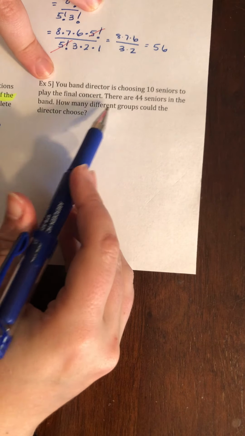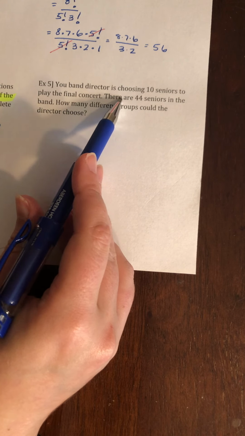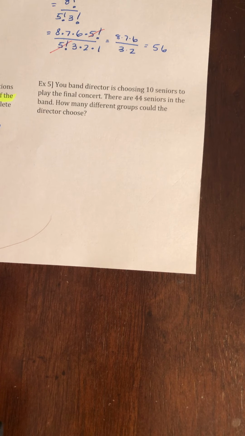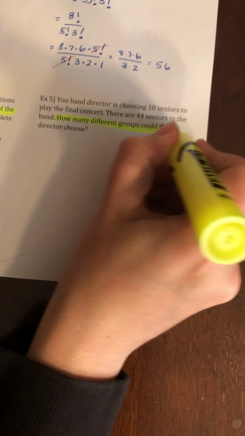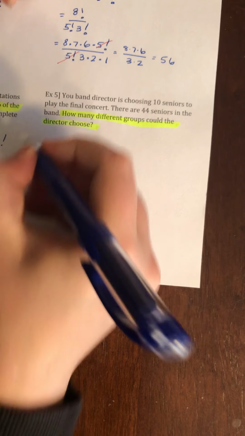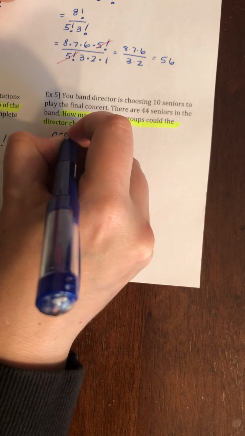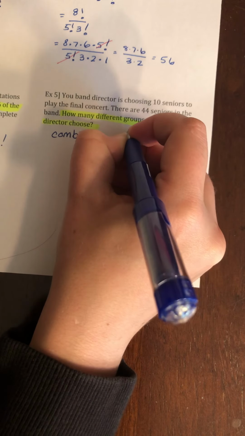So your band director is choosing 10 seniors to play the final concert. There are 44 seniors in the band. How many different groups can be made? Well, it's not like we're doing first chair, second chair, violin. The order doesn't matter, they're just playing. So this is going to be another combination.